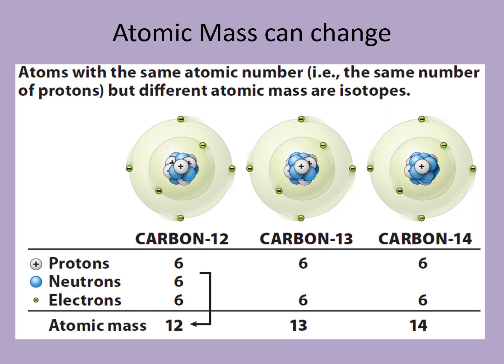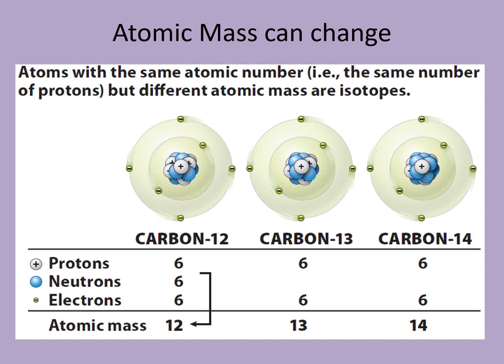So you can see we have carbon 12, carbon 13, and carbon 14. Why do we have 3 of these? Well, we have atoms with the same atomic number, the same number of protons, but different atomic masses. We call those isotopes. Carbon 12 is a form of carbon that's found naturally occurring in the environment.